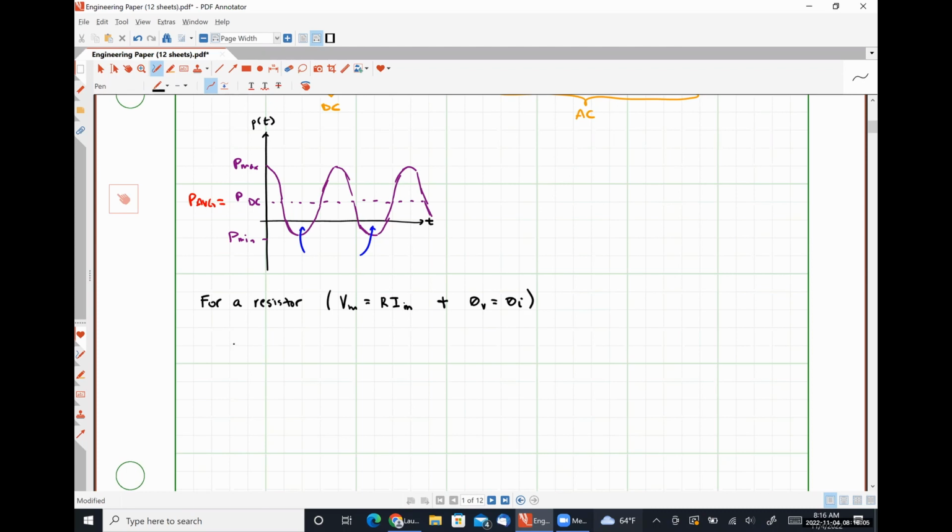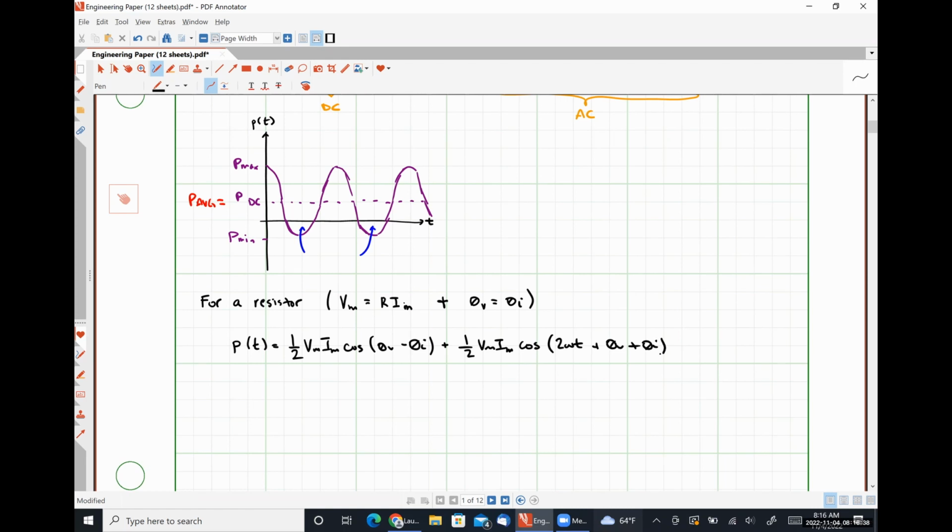Using these results, we're going to start with p of t is equal to 1/2 Vm Im cosine theta v minus theta i, plus 1/2 Vm Im cosine twice omega t plus theta v plus theta i, and substitute in these relationships.